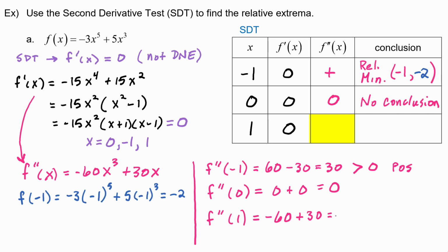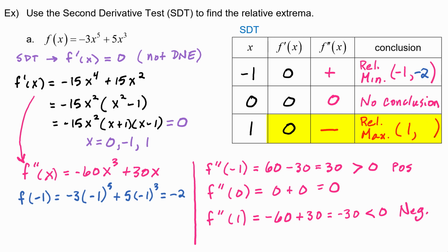Negative 60 plus 30 is equal to negative 30, which is a negative number. So if the first derivative is 0, meaning we have a horizontal tangent, and the second derivative is negative, meaning we're concave down, that must mean we have a relative max, and that's going to be at 1.